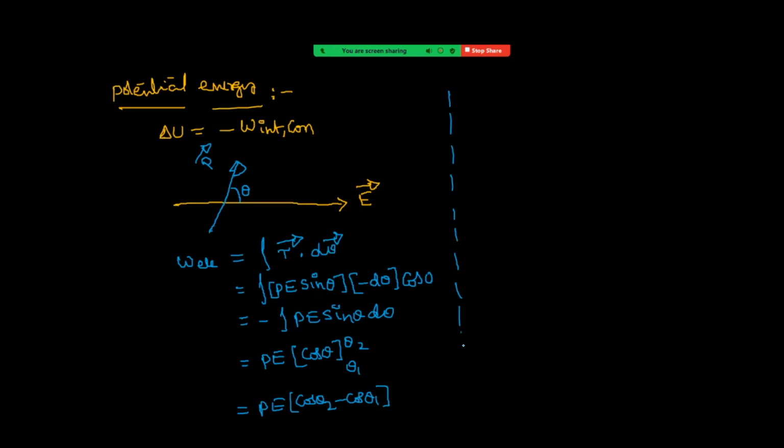So we got the work done by the electric force, but delta U is equal to the negative of that work done.